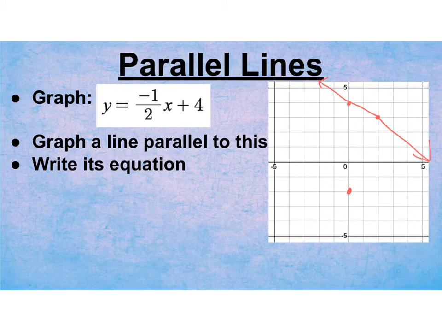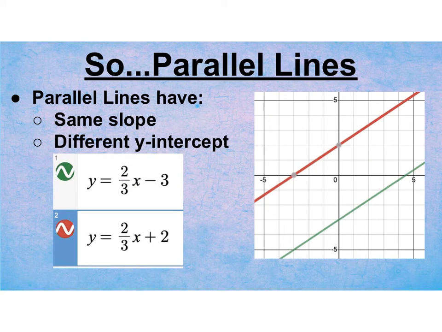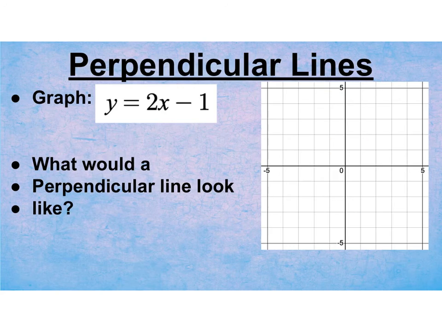And then I'm going to move the same slope down 1/2, and those lines would be parallel. The equation of that line is y equals -1/2 x for the same slope, minus 2 for my y-intercept. So parallel lines are going to have the same slope but different y-intercepts. Notice same slope, but they cross y at different places there.